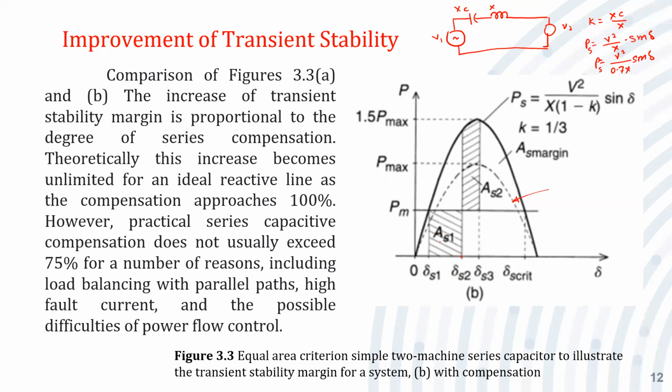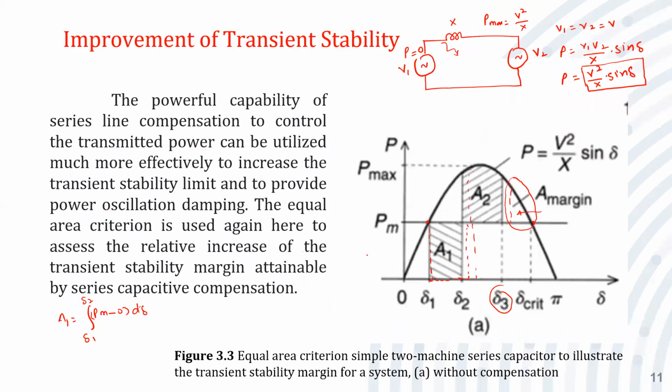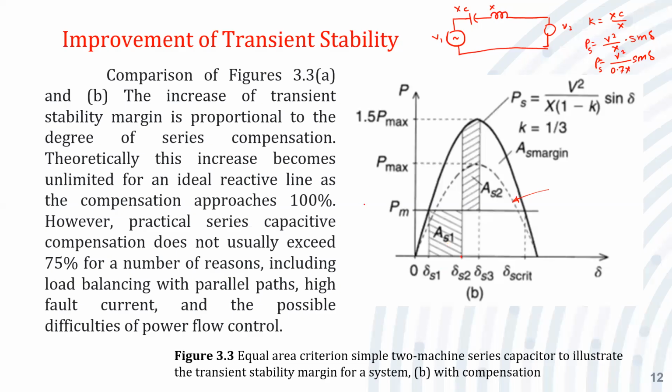So area AS1, the suffix S is only for representing series compensation. This area A1 is the same in magnitude as the previous case. So see here, area A1 and area AS1 are the same.